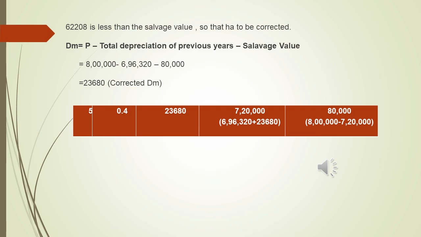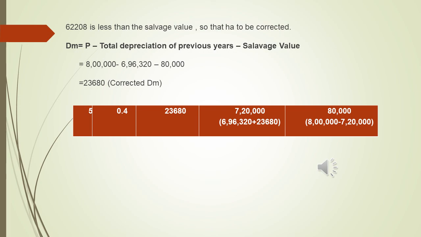The P is given in the question, that is 8 lakh. Now total depreciation of previous years is, in the previous slide, in the fifth row, whatever value is there for total depreciation. Above the fifth year row, in the total depreciation column, that is the fourth year, that is 6,96,320.